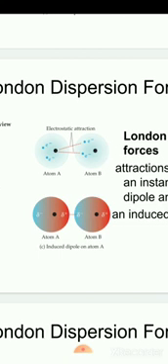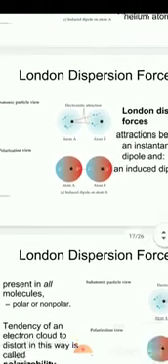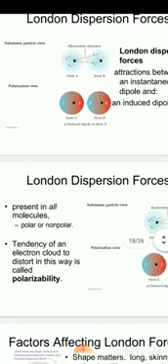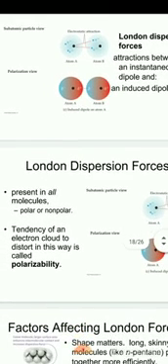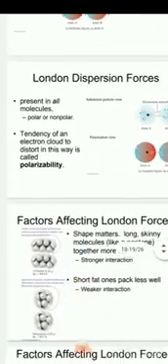Because in the presence of another atom or molecule, the electron cloud is slightly distorted, and distortion of the electron cloud by another molecule is called polarizability. Remember that it is present in all types of molecules, polar or non-polar.